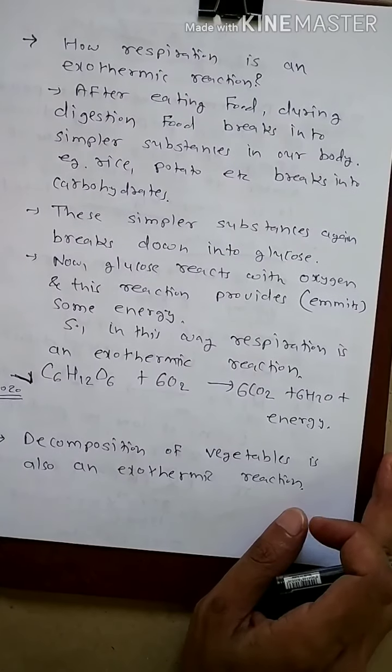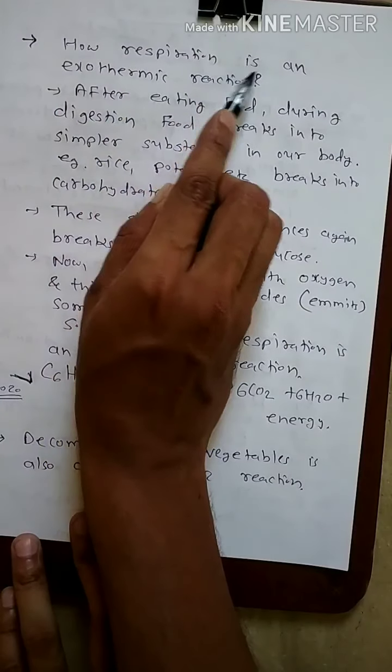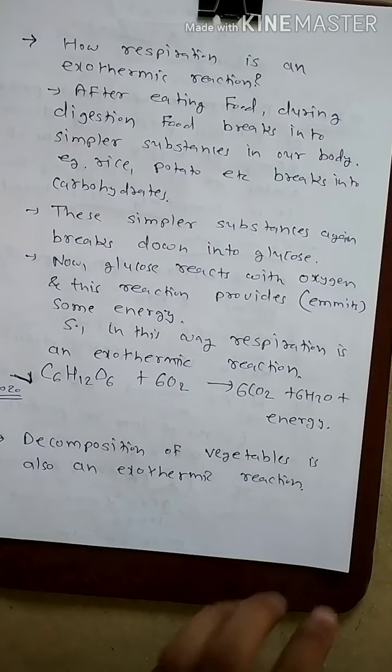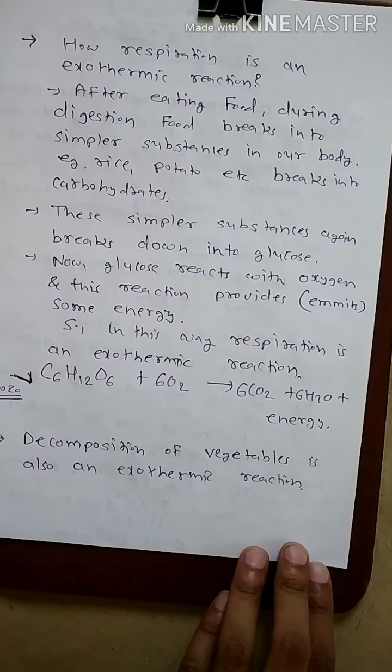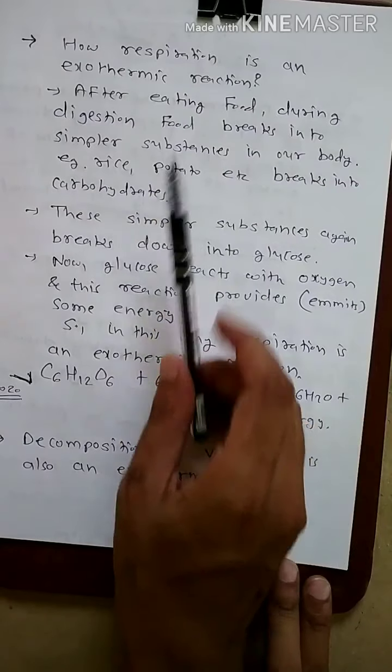Now one question is there. The question is like this: how is respiration an exothermic reaction? Or the question may be different, like give reason, respiration is an exothermic reaction. The question form may be changed, but you can write the answer in the same manner.